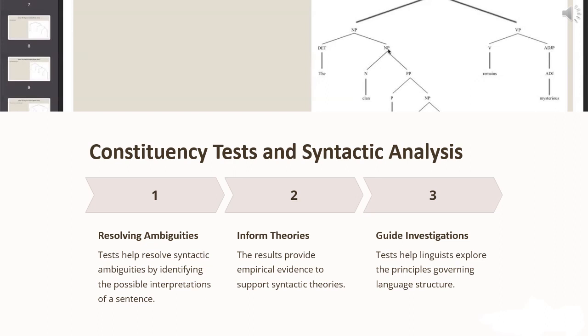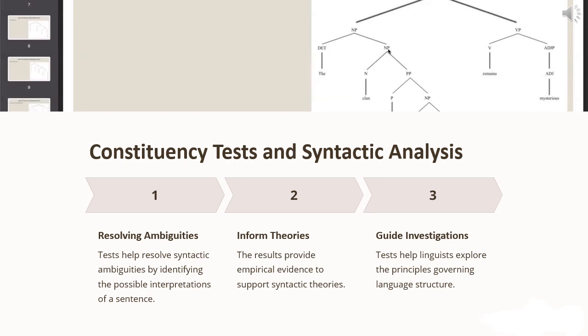And the last thing it does is guiding investigations, providing systematic methodologies to analyze the structure of sentences by offering a structured approach to examining and organizing sentences.